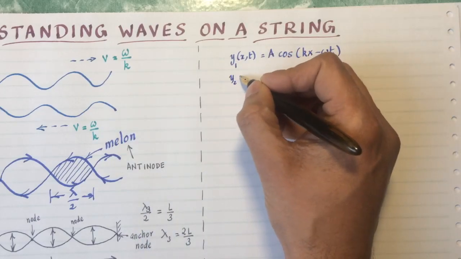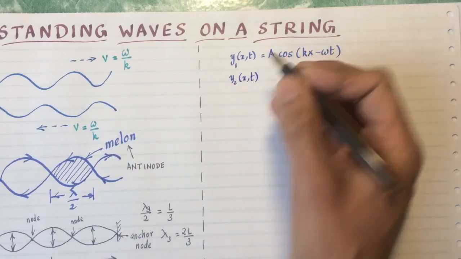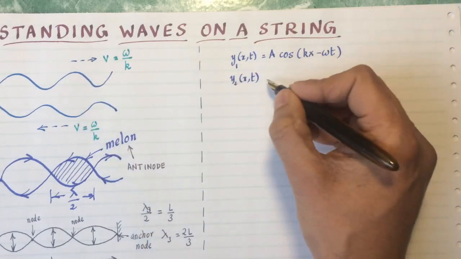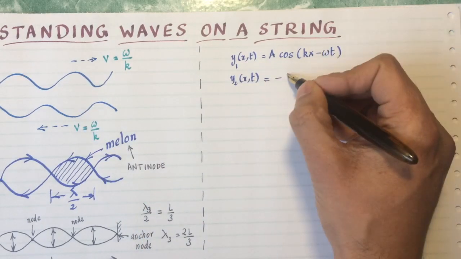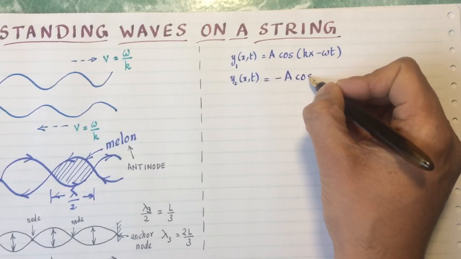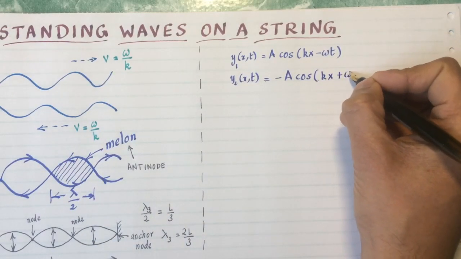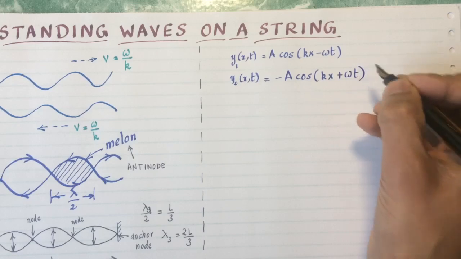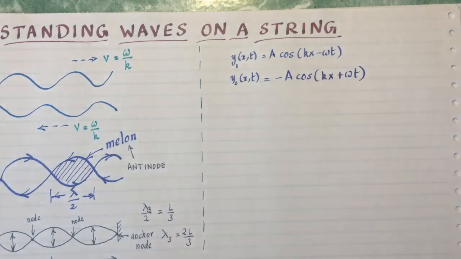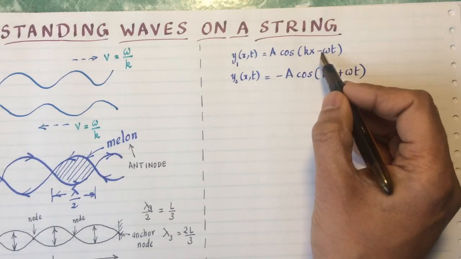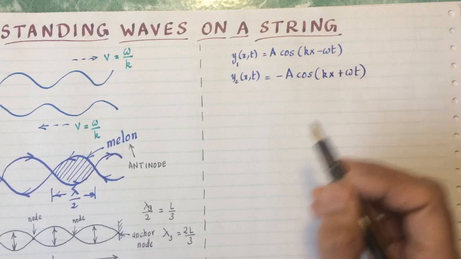Now remember, y2 is first of all flipped down, so you have to put a negative sign. And then it's also moving to the left. Now if it's moving to the left, you're going to get a plus sign between kx and omega t. You should really see the video on wave equation basics, part 1 and 2, to understand why the right moving waves have a minus sign and left moving waves have a plus sign.